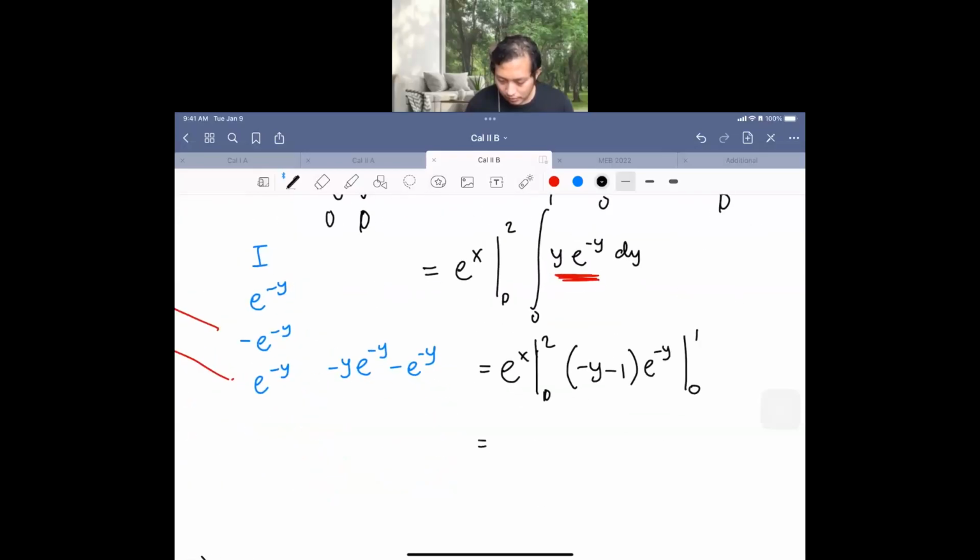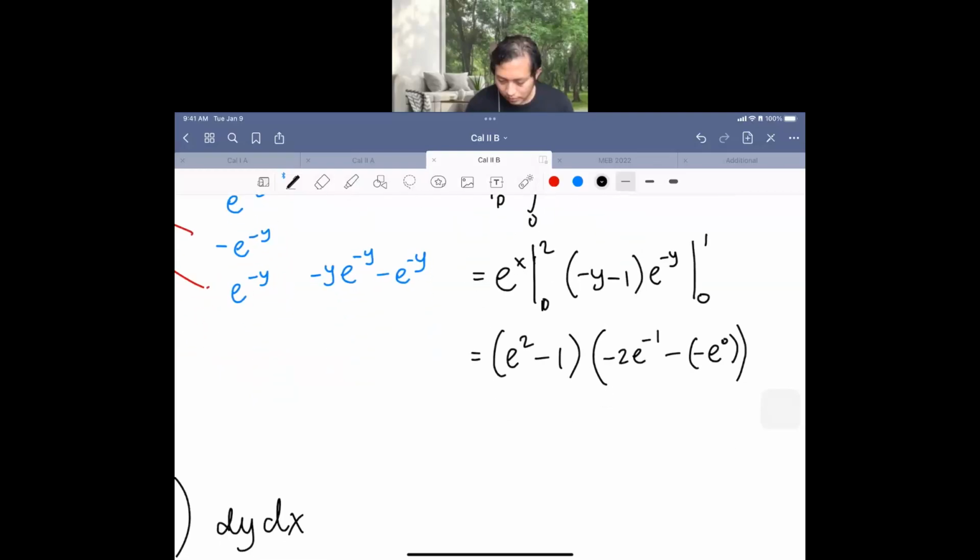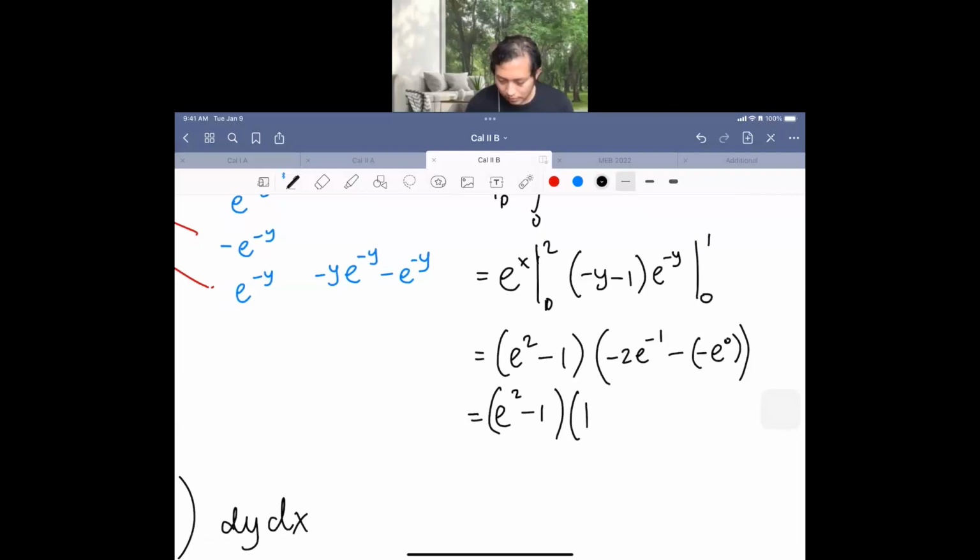Okay, so this will start with e minus 1, and then this part will be negative 2e to the negative 1 minus e to the power 0, or we could say that this will be 1 minus 2e to the negative 1.